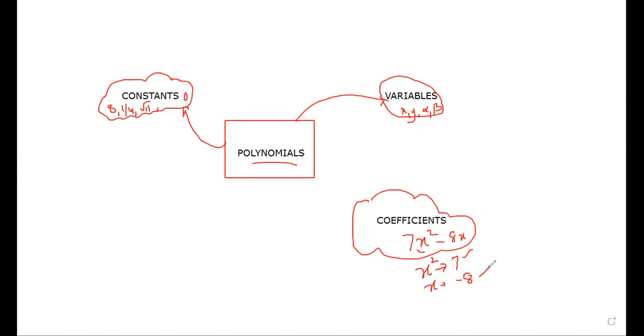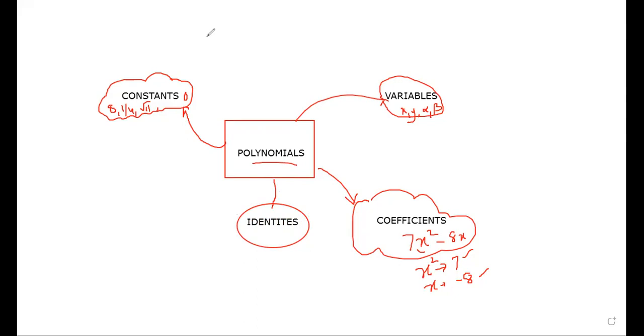What else? Tell me. Identities. Okay, fine. What else? Factorization. Types of polynomial. Sir, types of polynomials. So what all will come in types of polynomial?